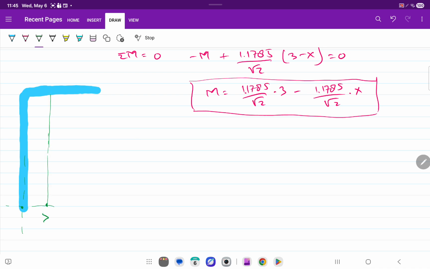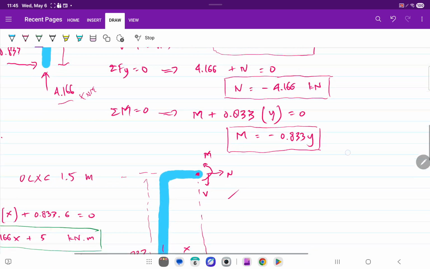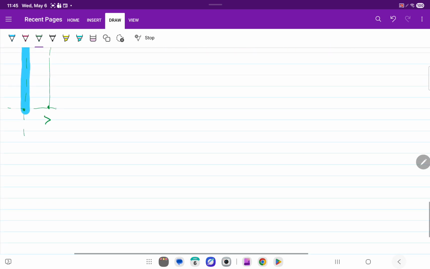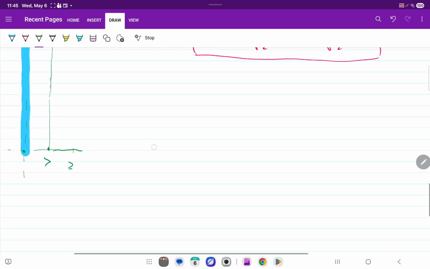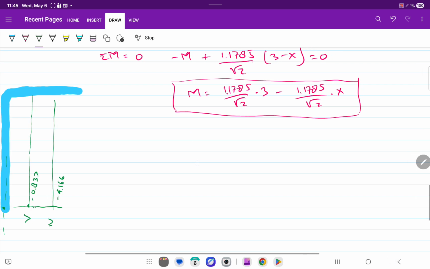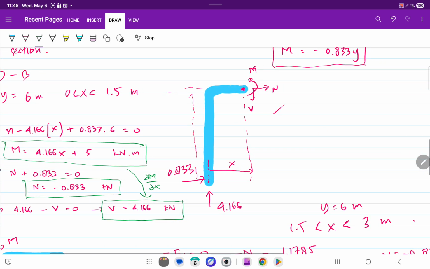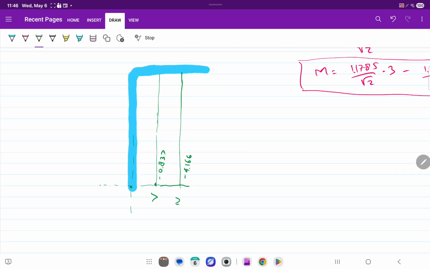That's V, yeah, and then N is minus 4.166. That's N. Minus 4.166, 0.833 minus until this point constant, while this guy is going like this, going down. Yeah, it's a straight line.